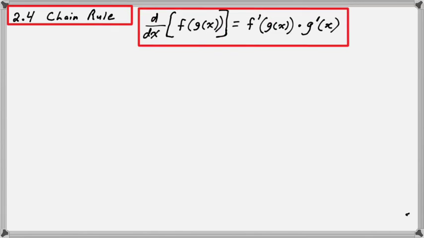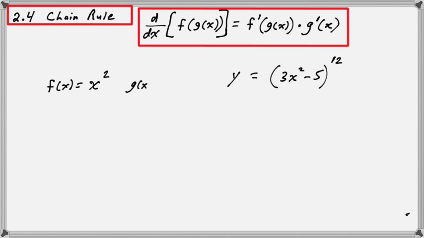Now I can write this in different ways, but suppose you have 3x squared minus 5 to the 12th. Could f of x be x to the 12th and g of x be 3x squared minus 5?